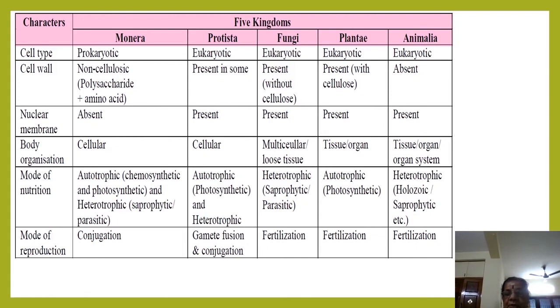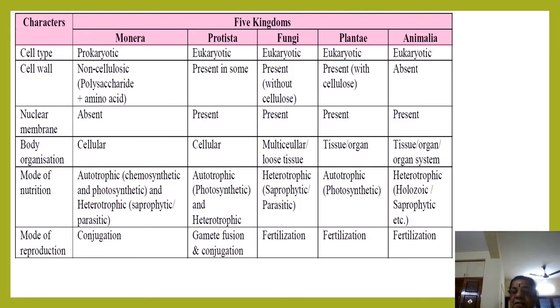And in mode of reproduction, in the lowermost organisms there is conjugation and gamete fusion, and in Fungi, Plantae and Animalia fertilization will occur. As I said, in Fungi it is not as well-defined fertilization as in Plantae and Animalia.